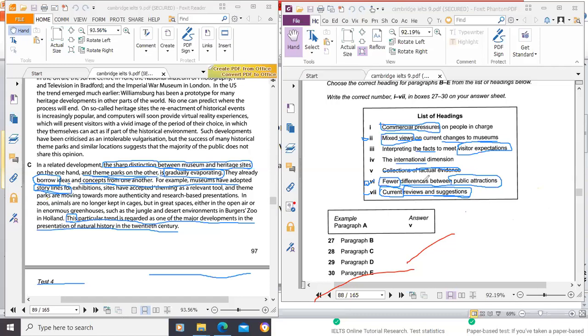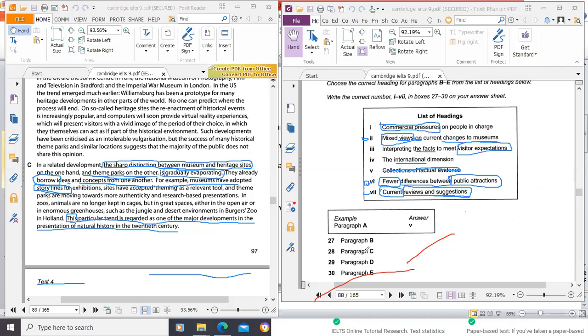You can see fewer differences between. Now, to confuse us, somebody will say, but there is no public attractions. Yeah, but all these museums and theme parks, like we take our children to theme parks and the likes, they are public attractions. So they put together that there is no difference between theme parks and so on. Just fewer, which is correct.